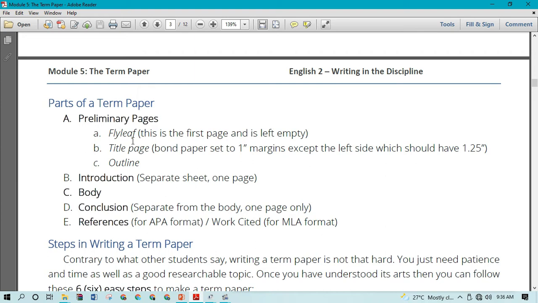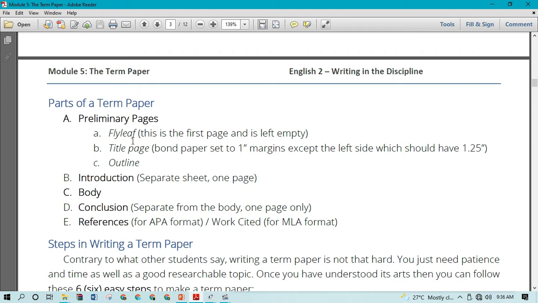Some term papers may not have a flyleaf, but other instructors require it. But in my case, no need to include a flyleaf. Another part of the preliminary pages are the title page and the outline or the table of contents.